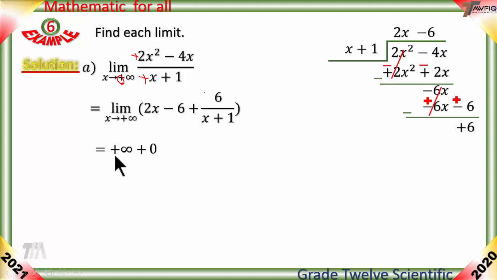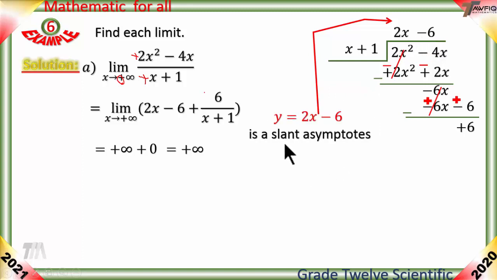That means this limit is equal to positive infinity plus 0, which is equal to positive infinity. And as we said the first time, positive times positive is positive infinity. And this one, 2x minus 6, is called a slant asymptote. Y is equal to x minus 6 is called a slant asymptote.